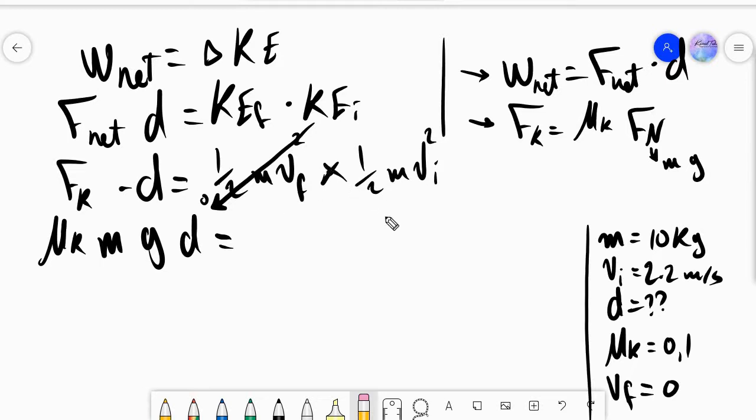I'm sorry guys, this is not times, this here is negative, because this is delta. And now we have negative half m vi squared. Look over here, guys, the work at the beginning will become negative. Why negative? Because the object slowed down.